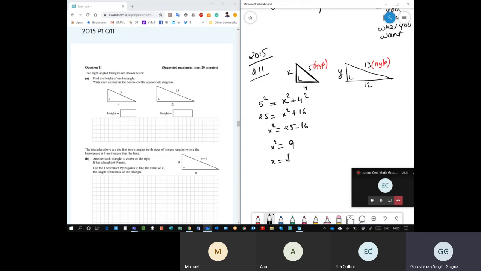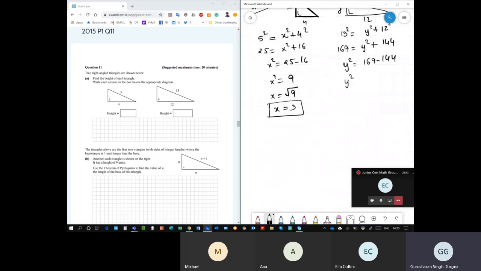So x is the square root of 9, which is 3. Similarly here, 13 square equals y square plus 12 square. 13 square is 169, 12 square is 144. So y square equals 169 minus 144, which gives you 25. So y is the square root of 25, which is 5.